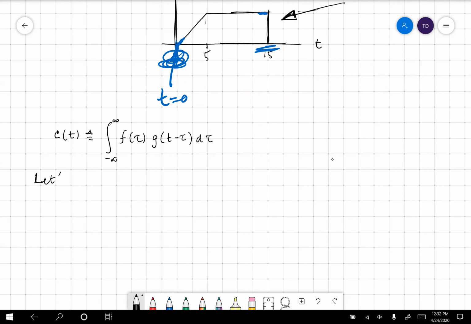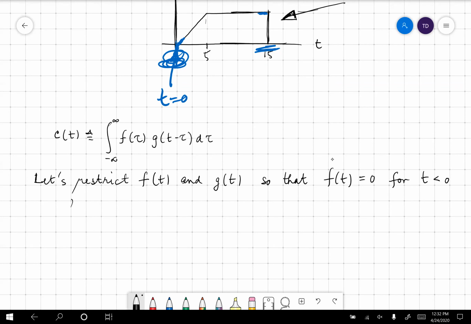Let's restrict f of t and g of t so that f of t equals 0 for t less than 0, and g of t equals 0 for t less than 0.